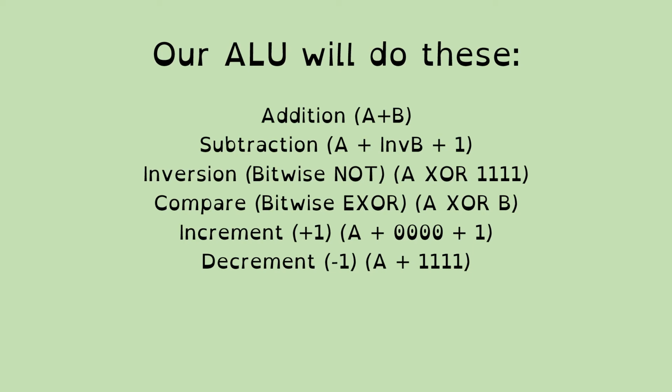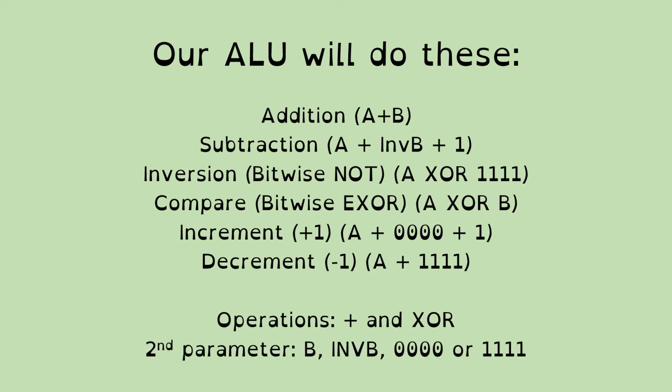But there are reasons for this, and the reasons come down to, as I keep saying, simplicity for the hardware. So when we look at these 6 things, we've actually only got 2 operations that we need to do, which are addition and XOR. Then for the second parameter, we've got 4 things that we might want it to be. We've got the B as it's been passed in.